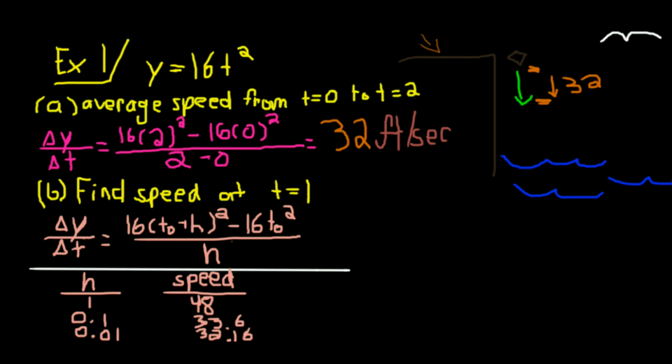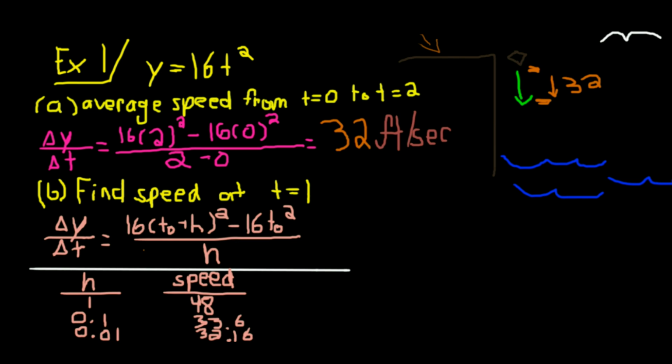Now if we wanted to find the instantaneous speed, this is where complex ideas like the derivative are going to get involved in future, but we're going to find the instantaneous speed at t equals 1. This is where the idea of h becomes very important. The idea here is that we're going to try and make h 0 so that it will be an instantaneous rate or speed.